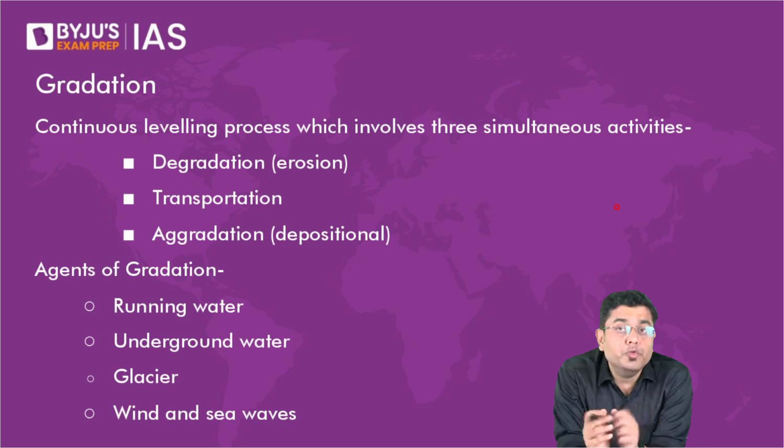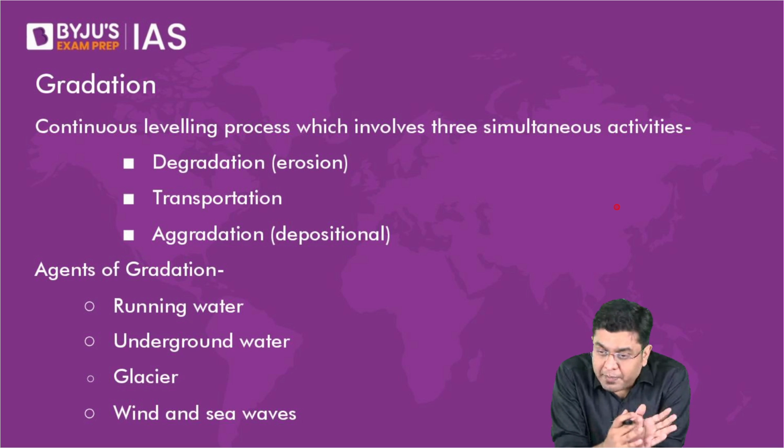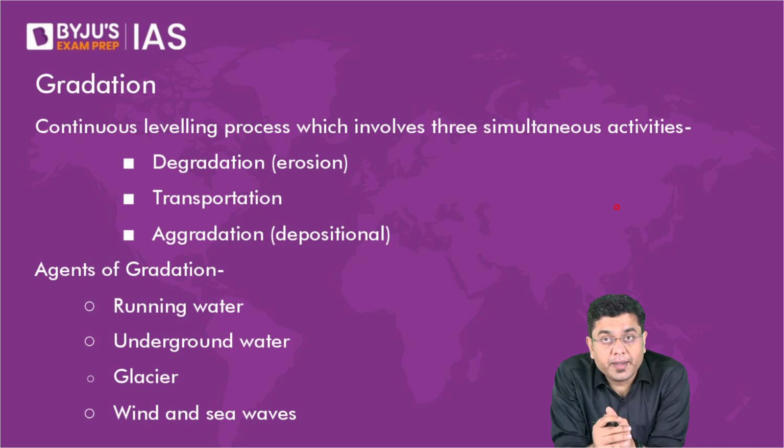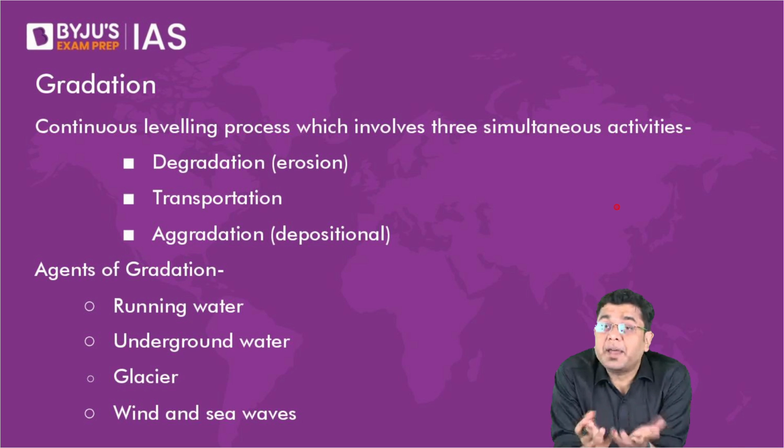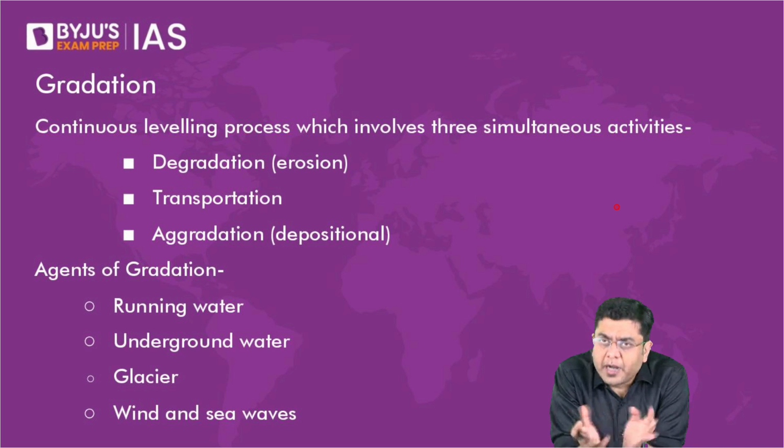When the river moves with a very significant speed, it will be able to carry a lot of materials along with it. When the wind blows with a very significant speed, it will be able to carry a lot of materials along with it. And as the speed reduces, its carrying capacity will also reduce.